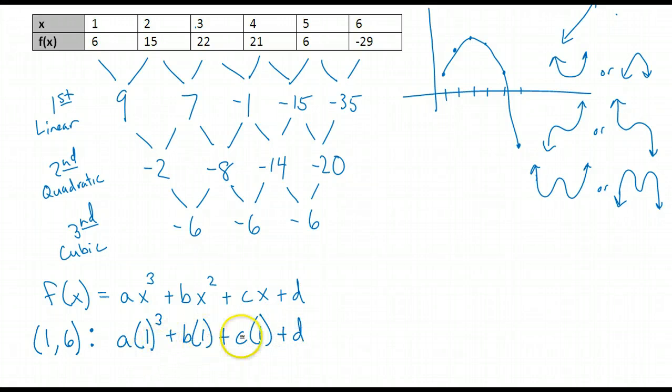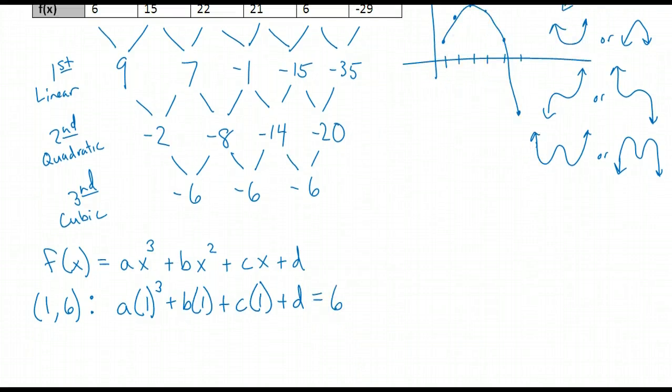And if I plug in 1 for x, I know that my answer has to be 6. Now I need to simplify. 1 cubed is 1. 1 times a is just a. 1 squared is 1. Times b is b. C times 1 is c. And d is just d.